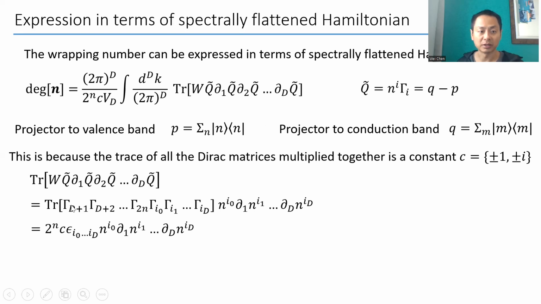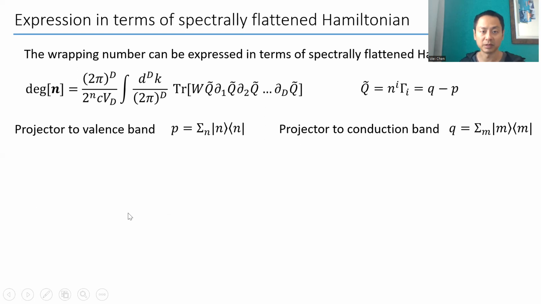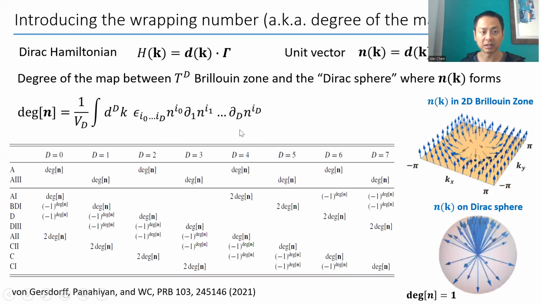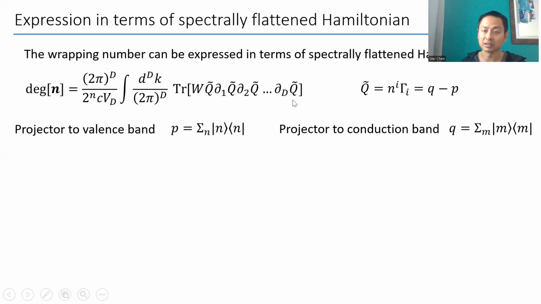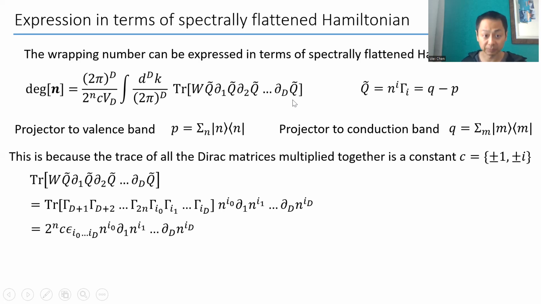So the trace of all these together will give you a constant, plus the fact that when you multiply this spectrally flattened Hamiltonian, you're going to multiply all the gamma matrices together, right? But if you swap any two of them, you generate a minus sign. So eventually you also get this antisymmetric factor. So as you can see, the integrand of this wrapping number is really equal to the trace of this expression that I'm showing you.